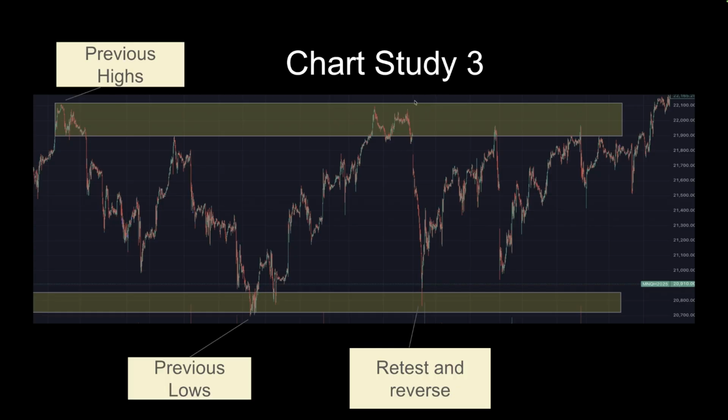And I would take the long based off us holding this level and showing signs of going back higher, with a stop loss probably somewhere back within the highs here, not all the way down here, because that would be a massive stop, but somewhere back into the highs where my trade is no longer validated, right?